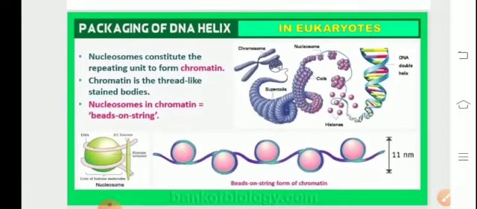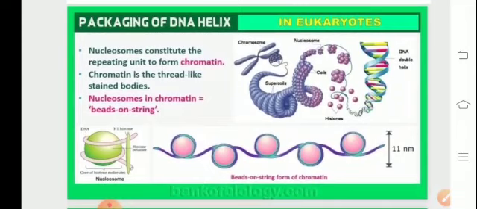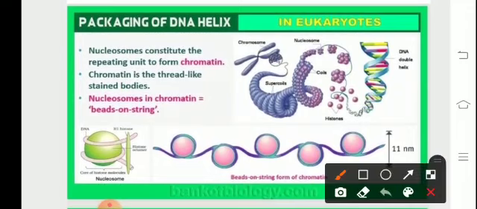Now the condensation has to take place, and then finally the chromatin fibers get arranged on the metaphasic plate, that is the equatorial plate.